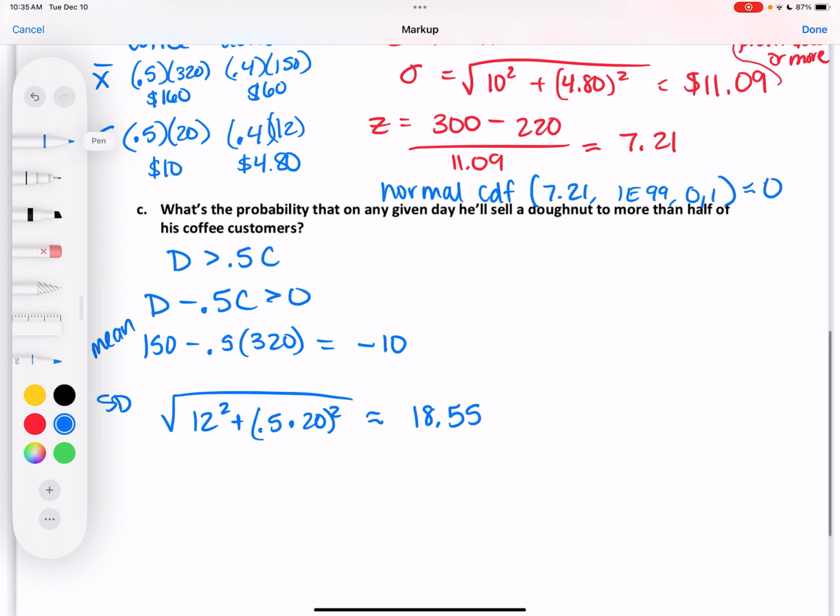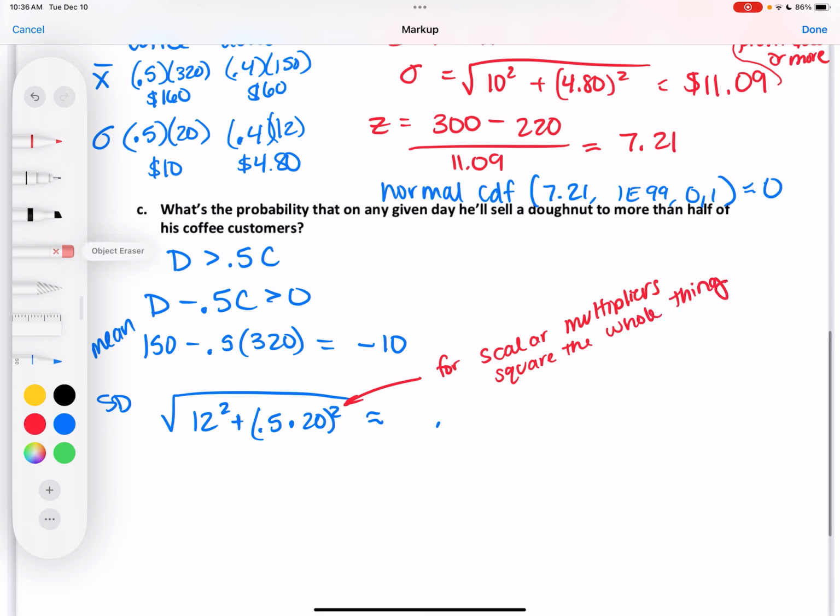Let me make a note of that here. For scalar multipliers, square the whole thing. So let me redo this now.